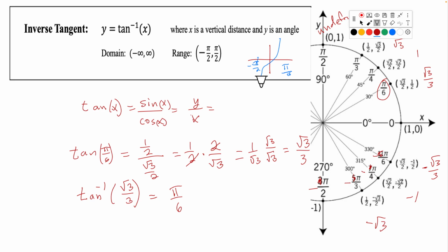And anytime we have an inverse function, our output is always an angle. So pi over 6 or 30 degrees, depending upon whether they're asking for radians or degrees. Okay. And that's something when you do review your exams, take a look at.